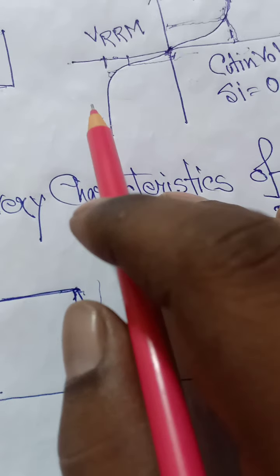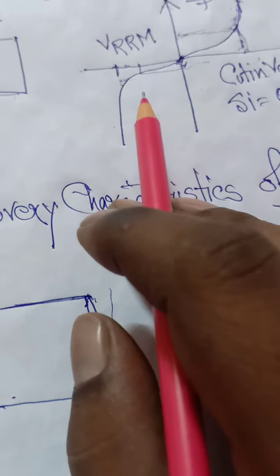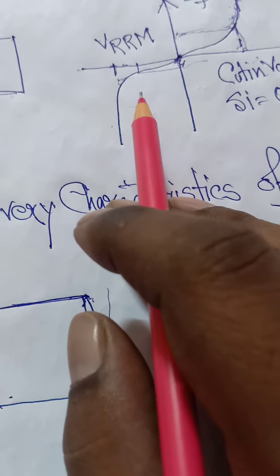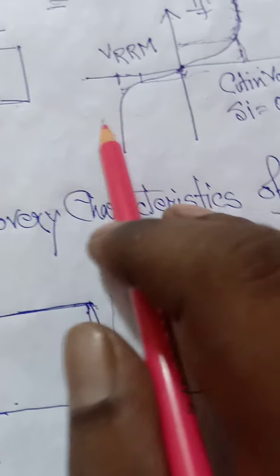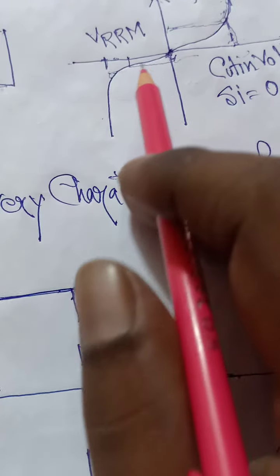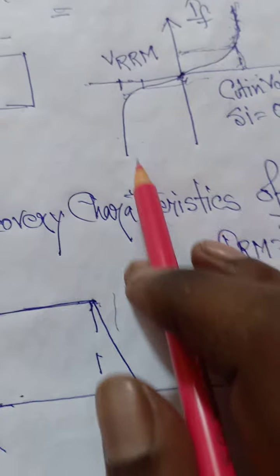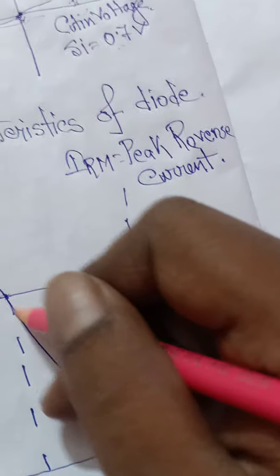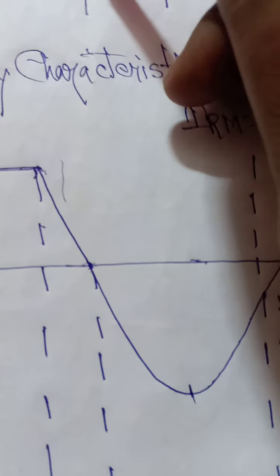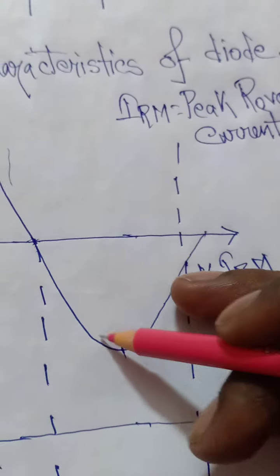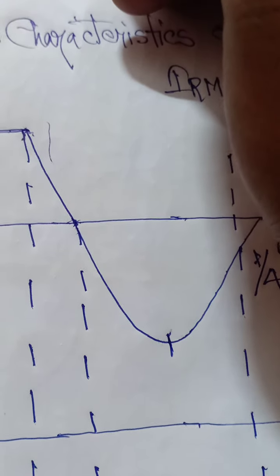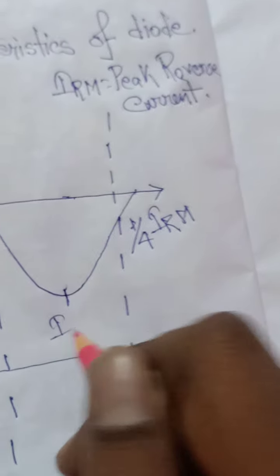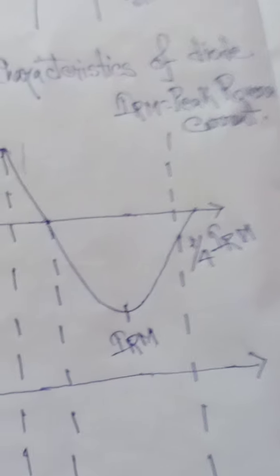So there are huge losses due to the high leakage reverse current in the reverse bias condition of the diode. The current will flow in the negative direction, and when it comes to that point it is minimum from this IRM. From here it comes to this IRM, that is the peak reverse current.